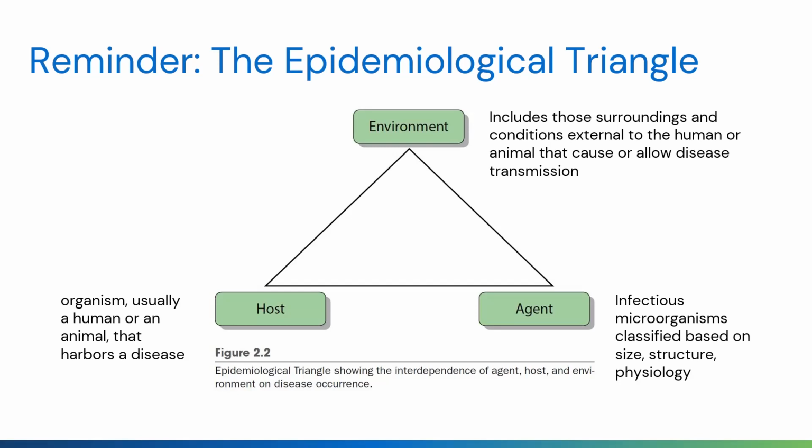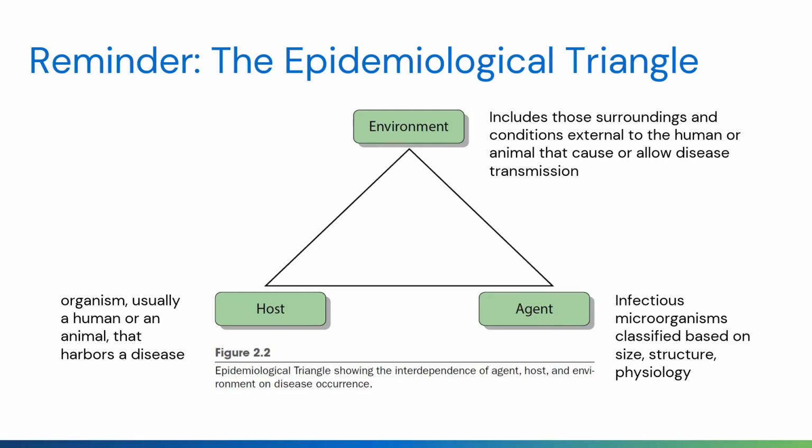And then the environment plays a huge role in this. These are the surroundings or conditions that are external to that human or animal host that cause or allow the disease to transmit. So for example, being outside and socially distanced away from people reduces the likelihood of transmitting COVID-19.